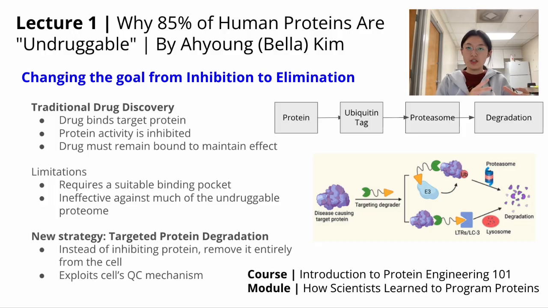So the new strategy that's starting to emerge, or that researchers are turning an eye to, is the targeted protein degradation pathway, which is, instead of inhibiting the protein, removing it entirely from the cell. This is a method that exploits the cell's quality control, or QC, mechanism, and this involves pathways like the UPS, for instance. And that's something that we're going to be talking about in our next lecture.